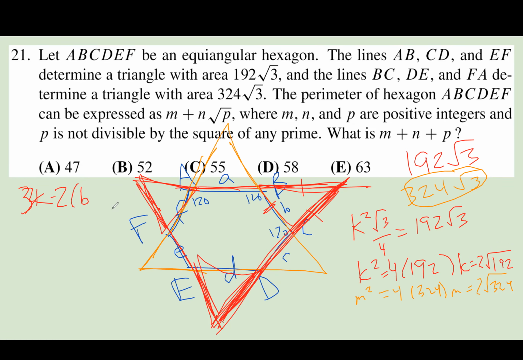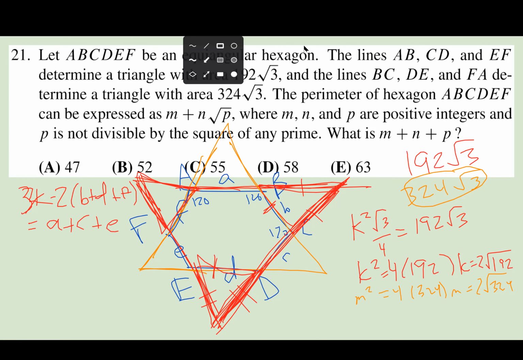But we'd also want to subtract 2D, right? And we'd also want to subtract 2F. So if we did 3K minus 2 times B plus D plus F, right? That would equal the remaining sides of the hexagon, which would be A plus C plus E, right?